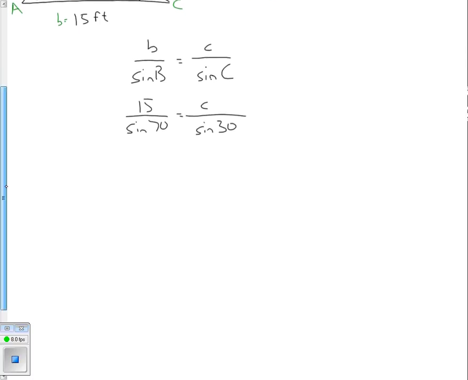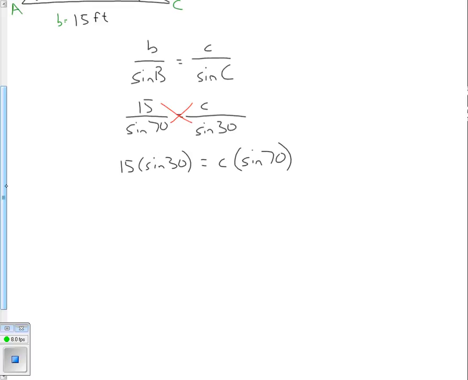So what we're going to do is use our cross multiplying skills. So I'm going to multiply 15 times sine 30, which will be equal to C times sine 70.